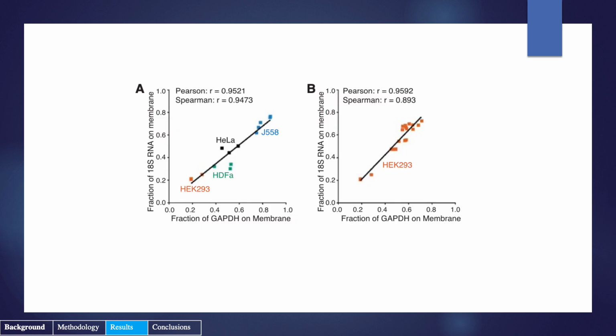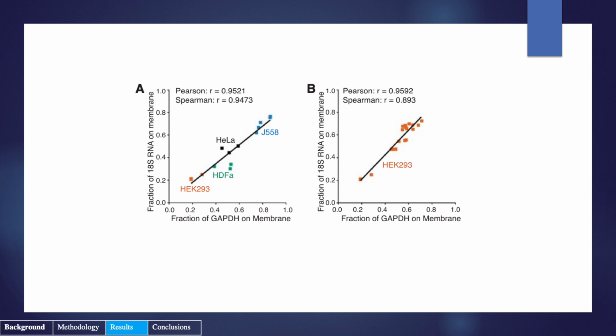So this third figure shows the correlation of 18S RNA, which is a component of cytoplasmic ribosome. So it shows the correlation of 18S RNA and GAPDH mRNA on the ER membrane in different cell lines. So in figure A of this, it's a plot of the fraction of endoplasmic reticulum-bound ribosomes versus the fraction of endoplasmic reticulum-bound GAPDH mRNA for all cell types examined, and this revealed a high correlation.